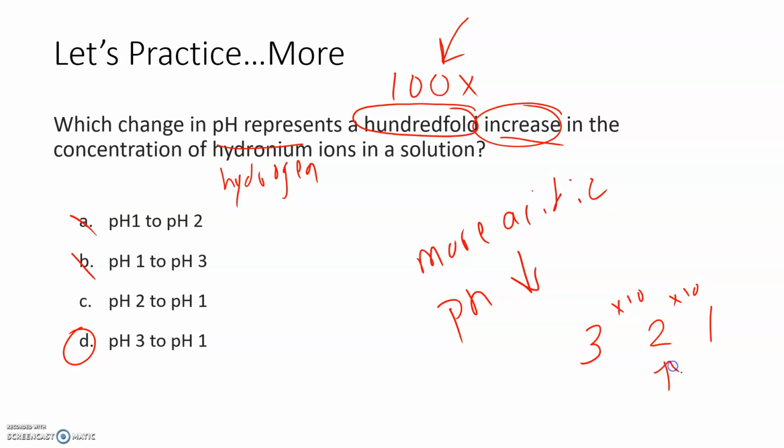Something with a pH of 2 has 10 times as many hydrogen ions as something with a pH of 3. Something with a pH of 1 has 10 times 10, or 100 times the hydrogen ion concentration as something with a pH of 3. That's great.